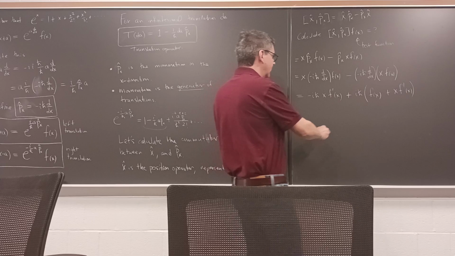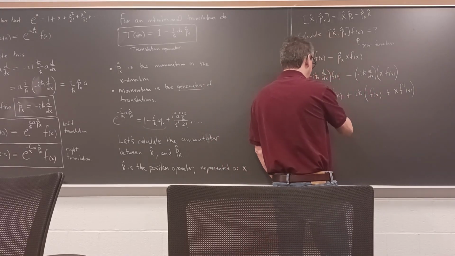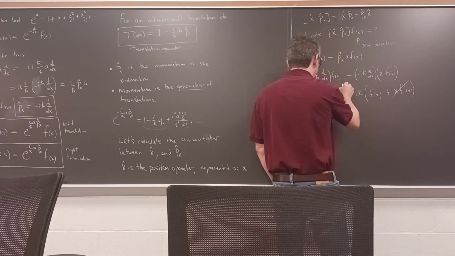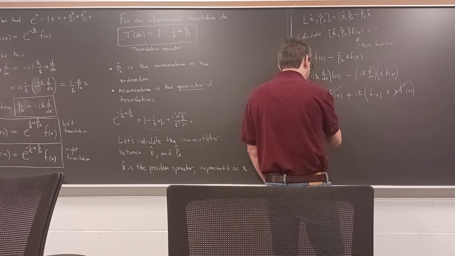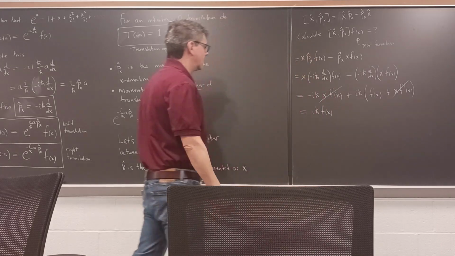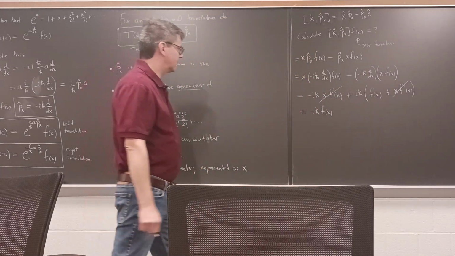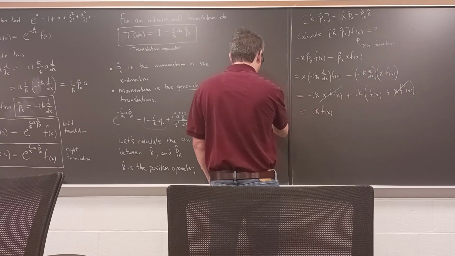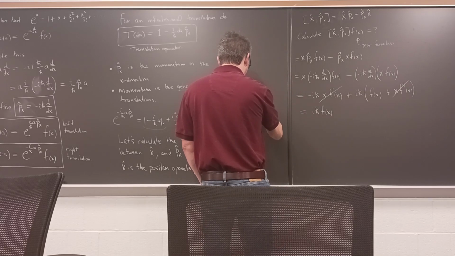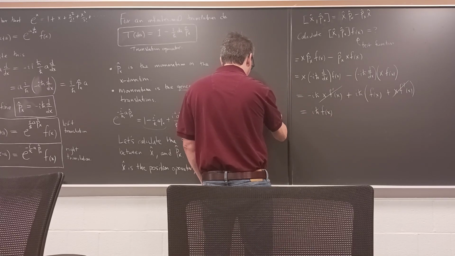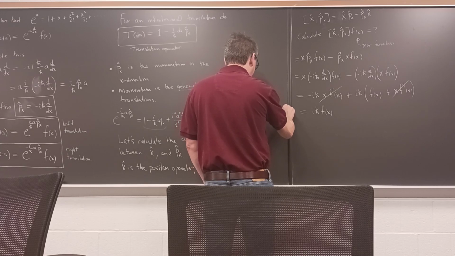Okay, so now we can see that we get a cancellation. The x f primes go away, and so what we're left with is i h bar f of x. And so this is equal to that commutator of x hat, p hat, acting on f of x.